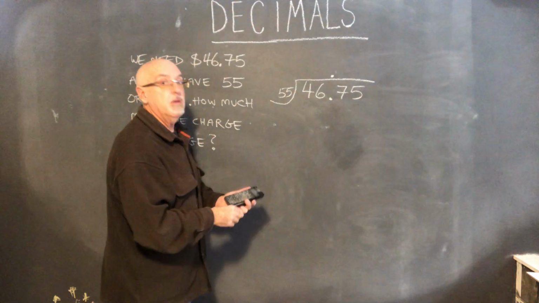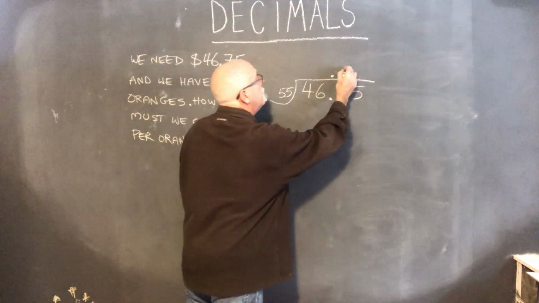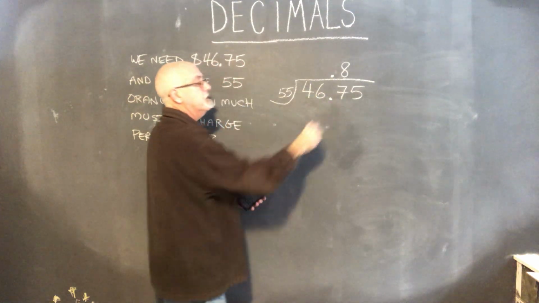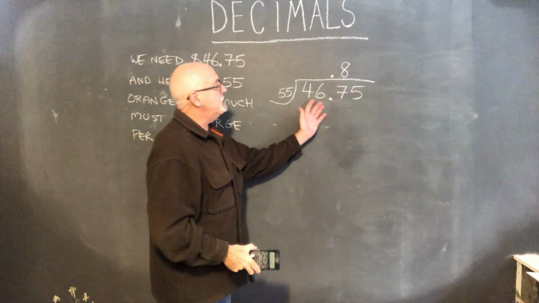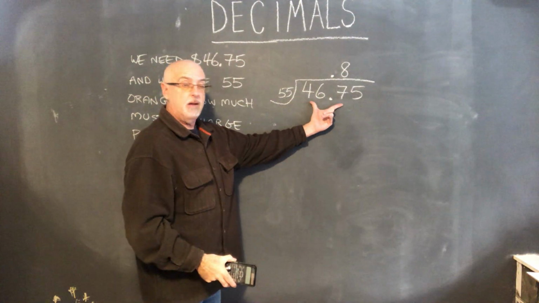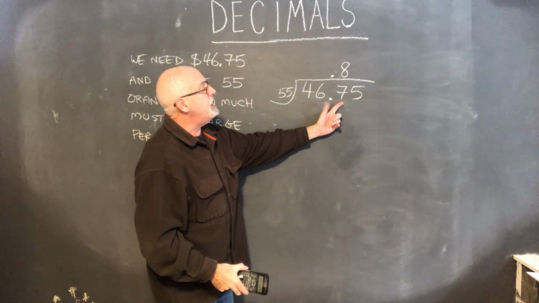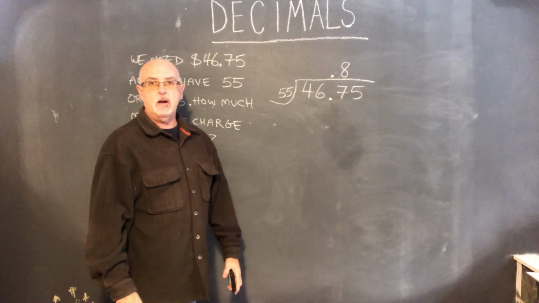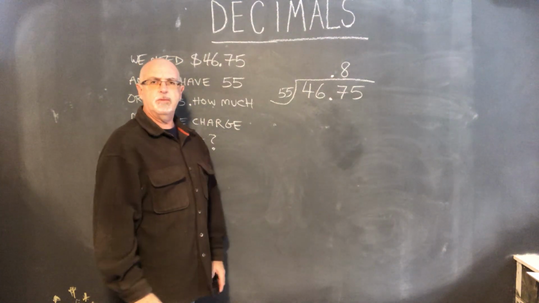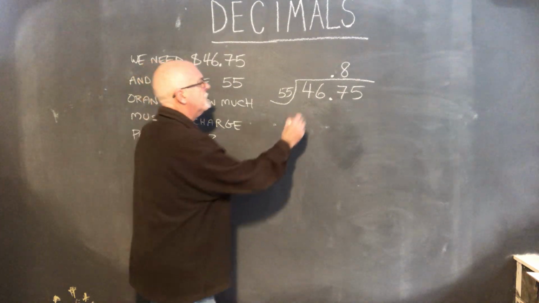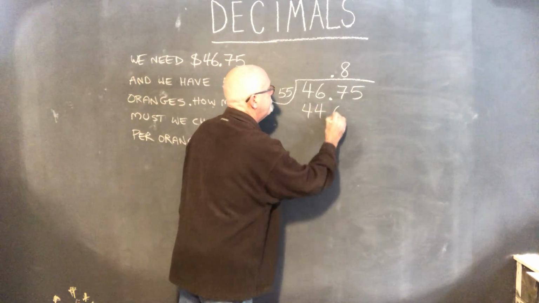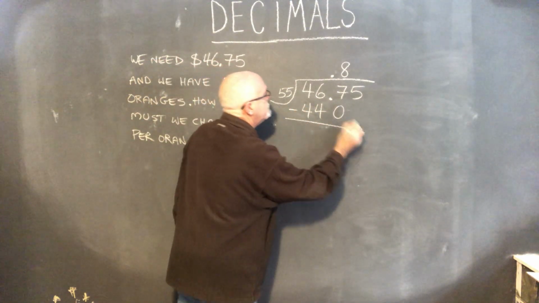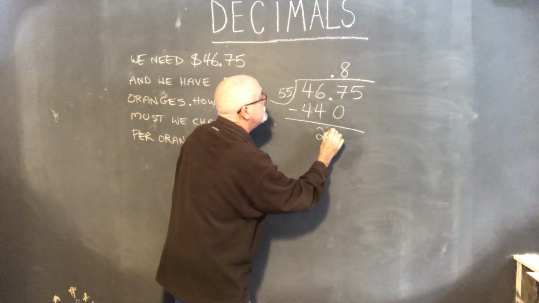So therefore, it will fit 8 times. 55 will fit 8 times into 467. And since I went all the way to using 467, that means that the 8 has to be written right here above the 7. 8 times 55, that I can do in my head. 8 times 50 is 400. 8 times 5 is 40, so the total is 440. And we subtract. And when we do the subtraction, we end up with 27.